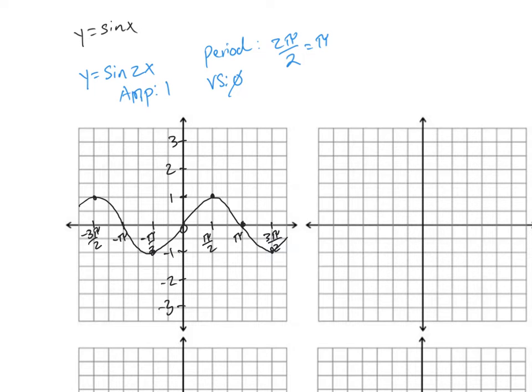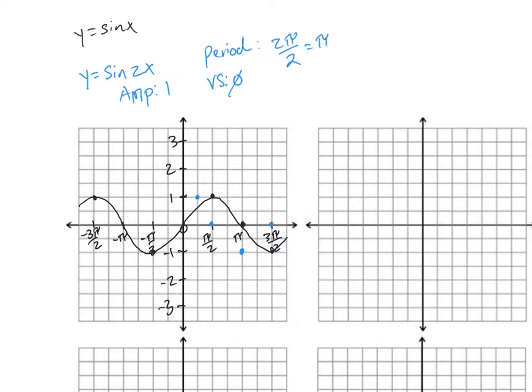So our entire period is now pi. Everything gets condensed in 180 degrees. In order to graph this, I'm going to take everything and divide it by 2 also. So my point that was originally supposed to be at 90 degrees is going to be at 45 degrees. Whatever is supposed to be at pi should be at 90, and so on.